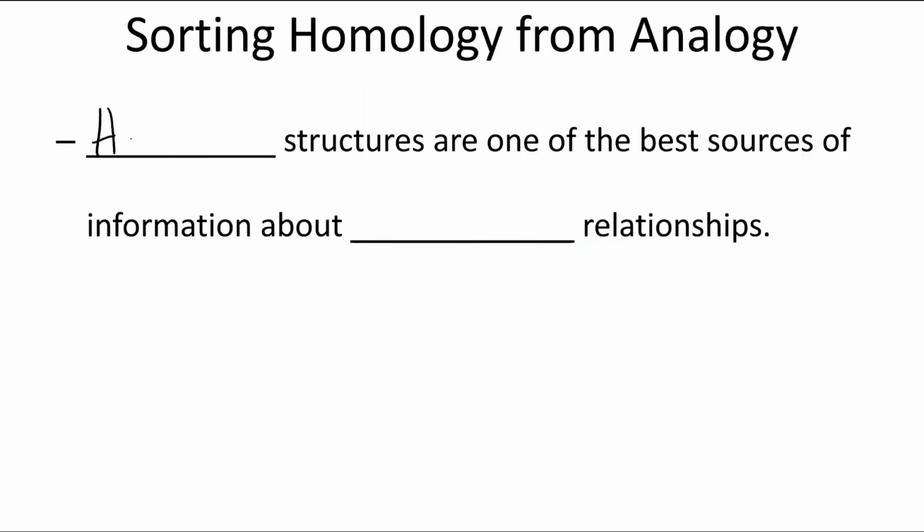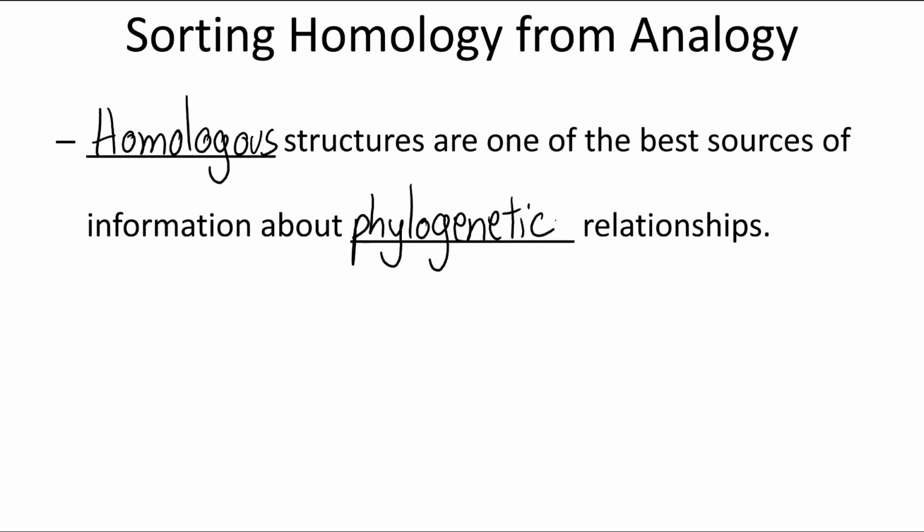Homologous structures are one of the best sources of information about phylogenetic relationships. Now, this term phylogenetic simply refers to the evolutionary relationship and evolutionary history of an organism. And so homologous structures are great tools to use for determining this relationship.